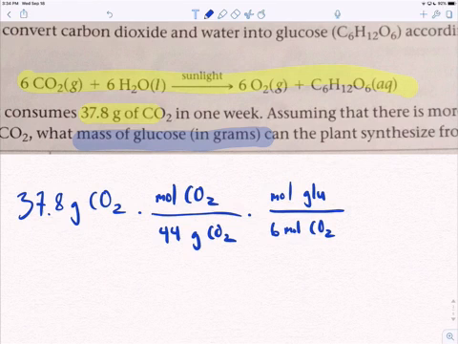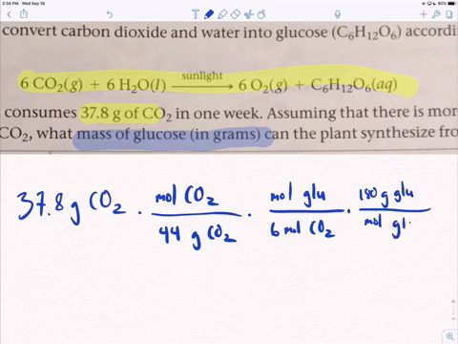So this is where the 1:6 ratio comes from. And the last step is to convert to grams. And we had in the previous problem 180 grams of glucose to 1 mole of glucose. And you can see they all cross cancel. Grams CO2 cancels, moles CO2 cancels, moles of glucose cancel, and we're left with grams of glucose.